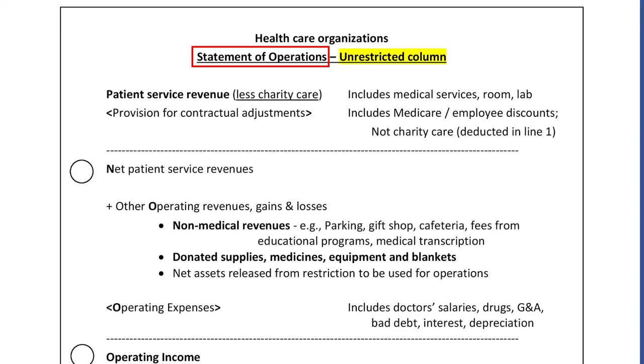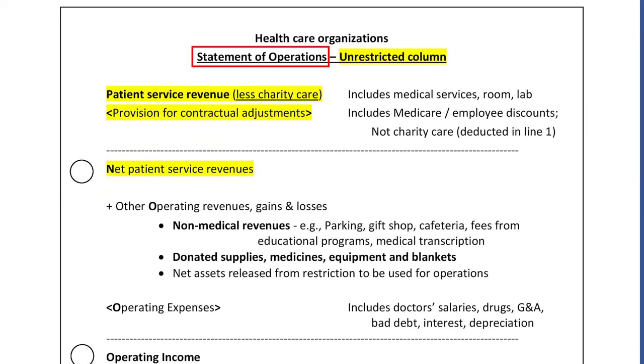The top line is patient service revenue less any charity care, and then there's a deduction, provision for contractual adjustments, which includes Medicare or employee discounts. This gets us to net patient service revenues.